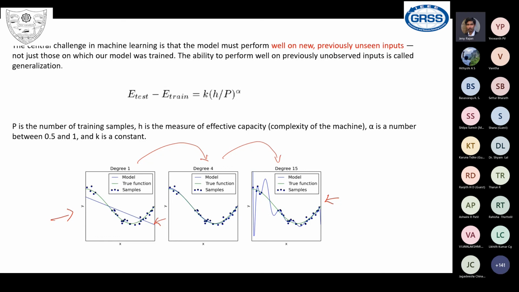So assume that you start with a simple model and the train error is very high. So you increase the complexity of the model, you add more layers, more neurons, and as a result, the train error is very less. Now I have a model with a less train error. So is that enough to develop a model?